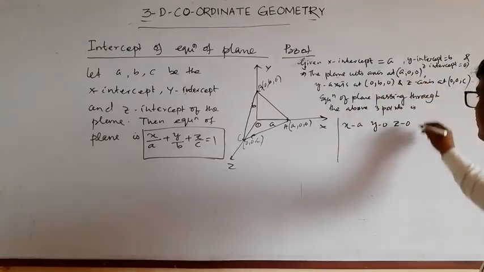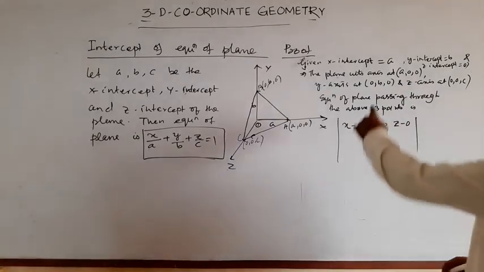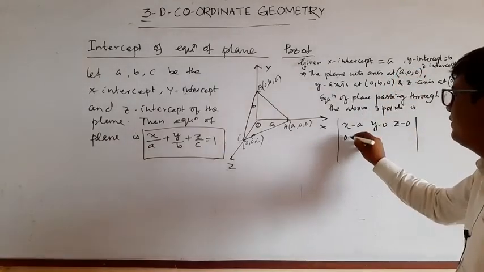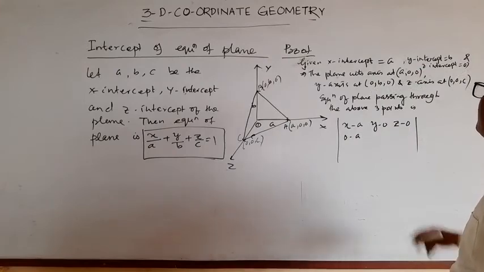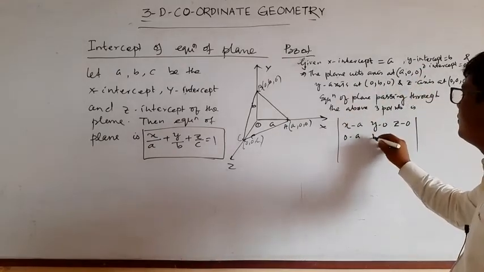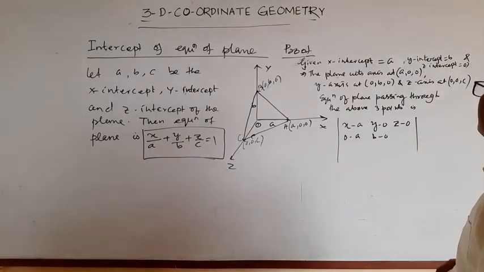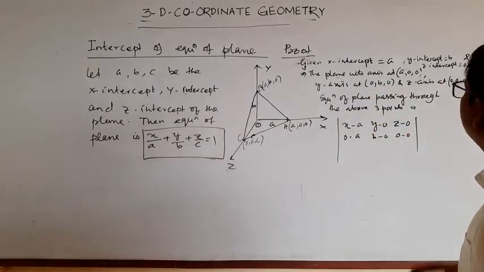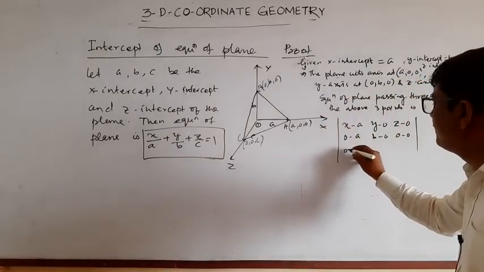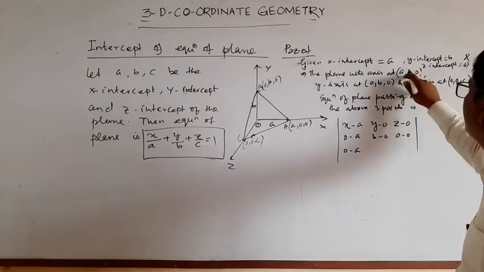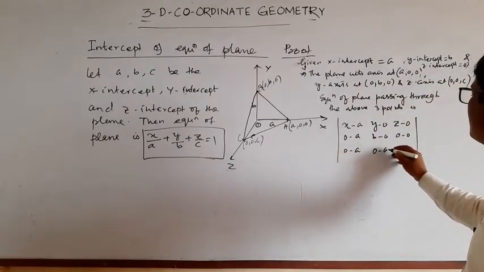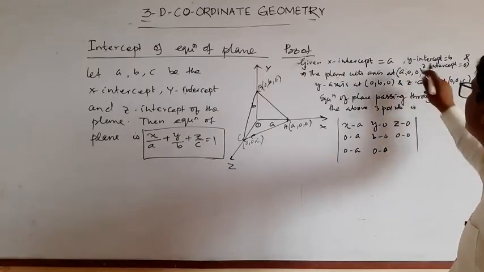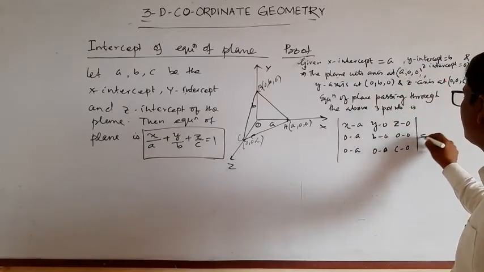Then x2 minus x1, 0 minus a, b minus 0, 0 minus 0. Then 0 minus a, 0 minus 0, c minus 0, is equal to 0.